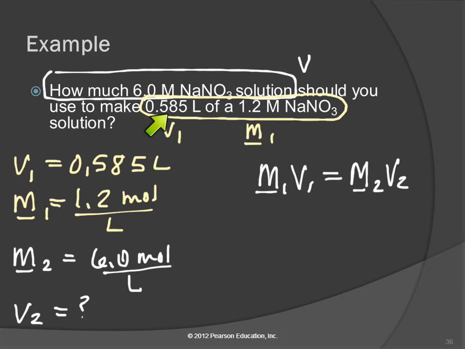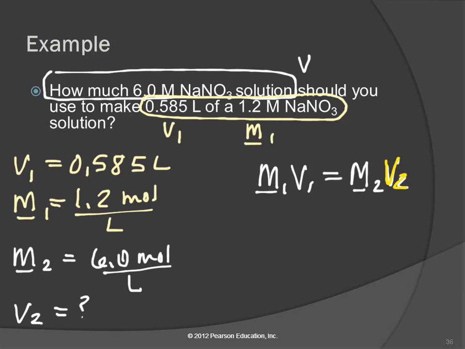I could call that the first volume or the second volume. It doesn't matter. What matters is that I couple this one with this one. Those have to go together. You can call them 1 or 2, doesn't matter, as long as you pair them up correctly. So that's our equation, and we're trying to find V2.